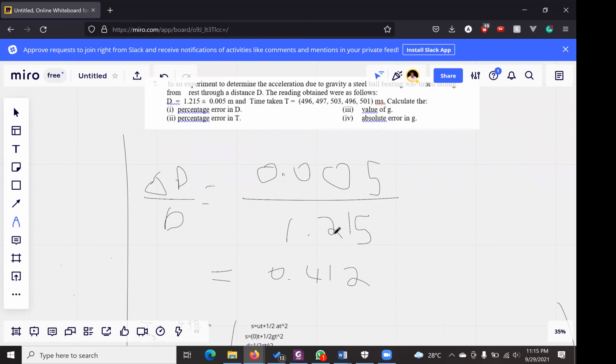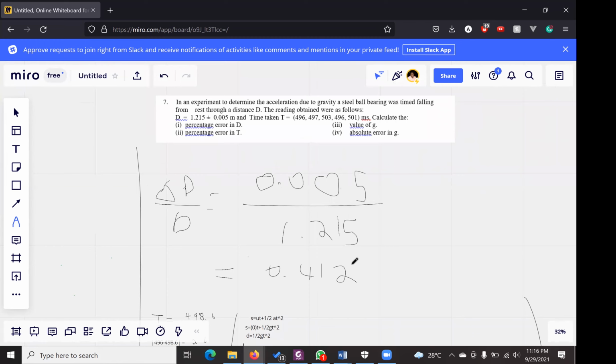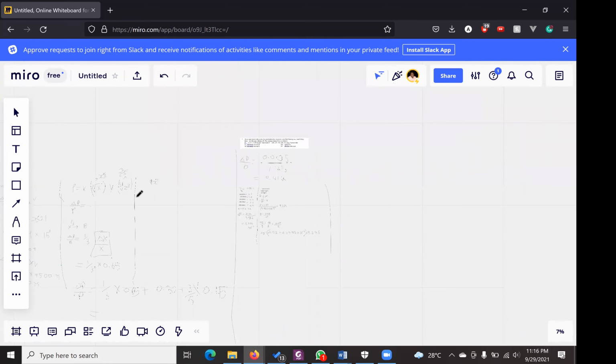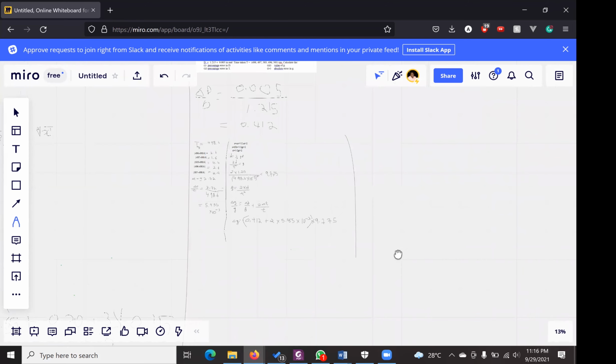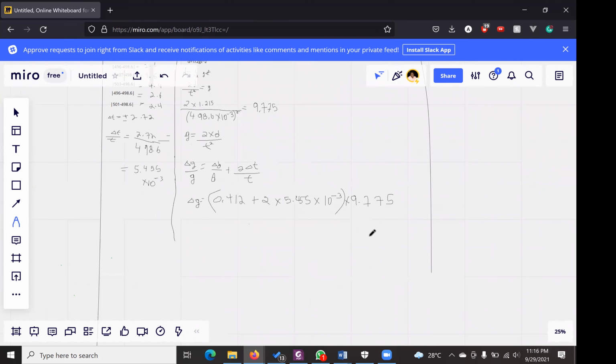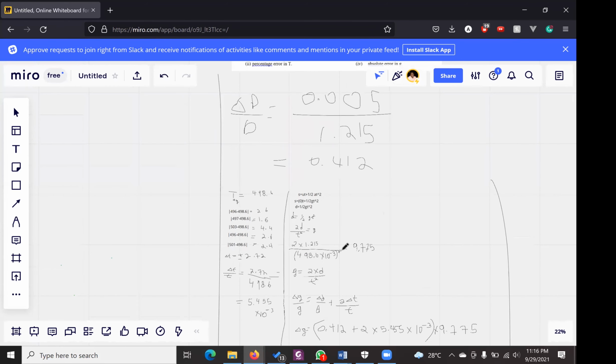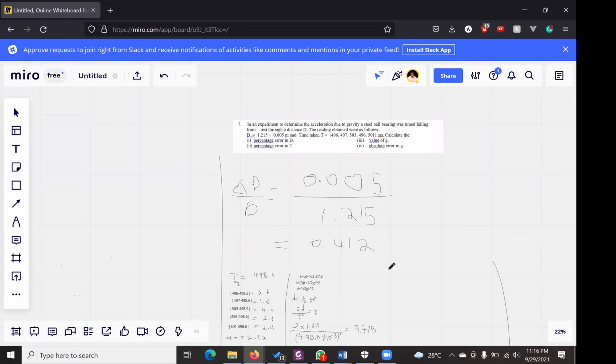So maybe I did something wrong there. You're right, sorry. You are completely right. This was the percentage error. This 0.412 was the percentage error.